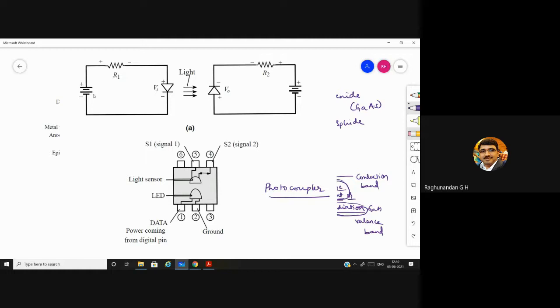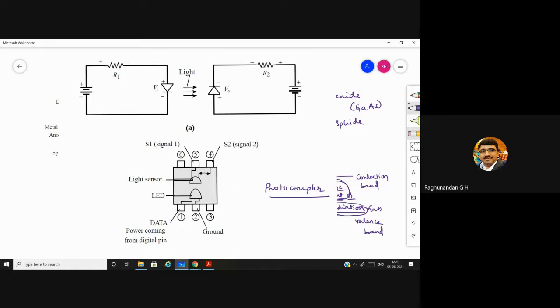So that is the source which is going to act like a battery, and that is going to give the electrical energy to the diode, and that diode is going to emit the energy in the form of light. Through optical fiber cables, this light will be transmitted to the other end. At the other end, we'll have a photodiode, and that is going to absorb the light and produce equivalent current across the load. So this is the principle actually.